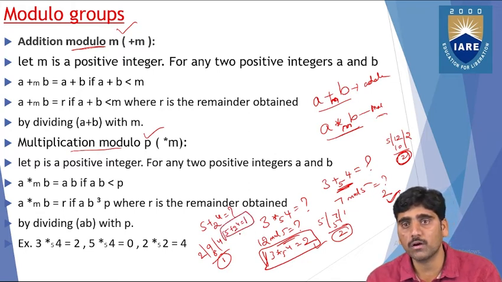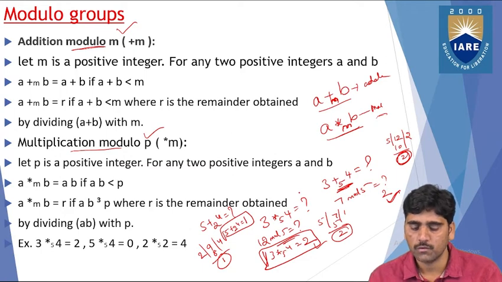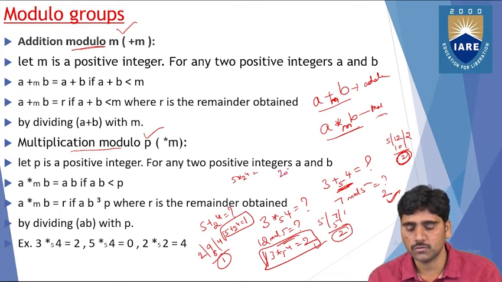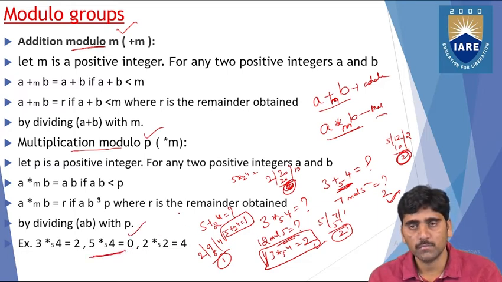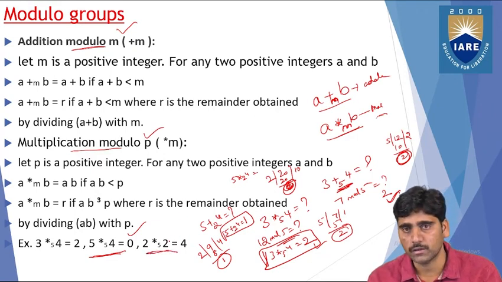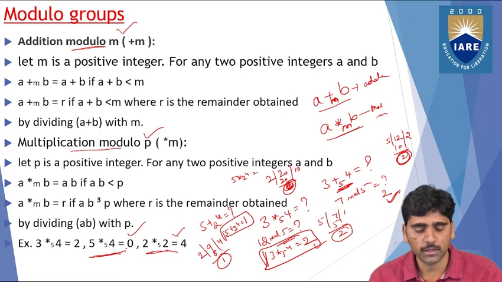Similarly, you can perform multiplication. 5 star 4 modulo 2: 5 into 4 is 20, and dividing 20 by 2 gives 0 as the remainder. So 5 star 4 equals 0 as the modulo value, and 2 star 2 equals 4 with respect to 5. That is how you can perform multiplication modulo and addition modulo.